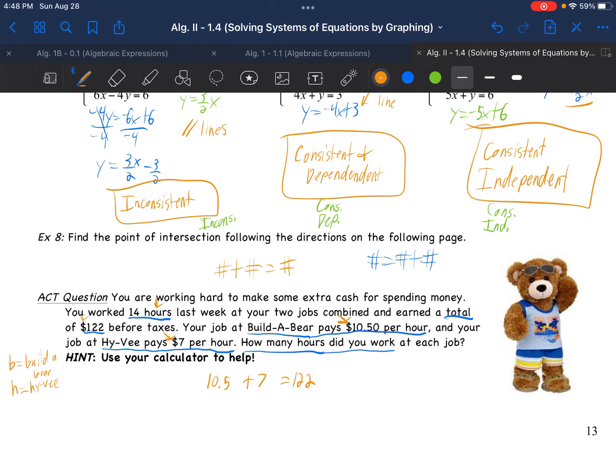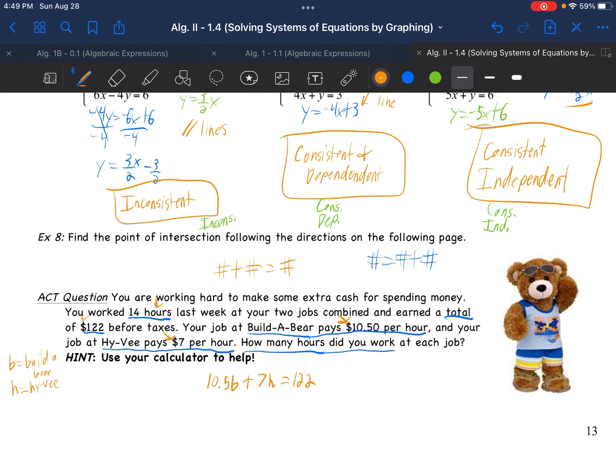That's 17.5. So what we have to say is, you make 10.50 for every hour you work at Build-A-Bear, so B, and you make $7 for every hour you work at Hy-Vee. So if we take 10.5 times every hour you work at Build-A-Bear, plus $7 for every hour you work at Hy-Vee, that's how we get the $122 you made before taxes.